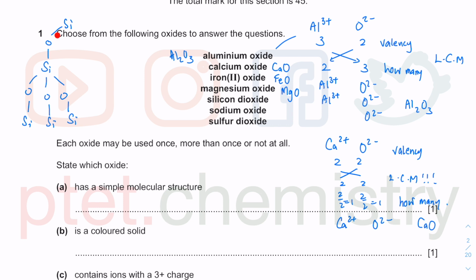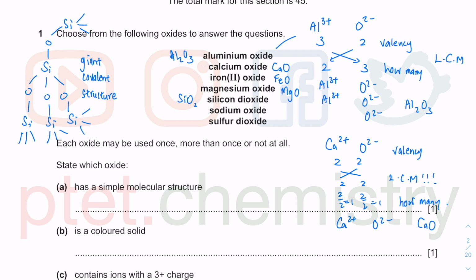Oxygen in group 6 forms 2 covalent bonds to complete the outer shells, and then the silicon continues outward. This is a giant covalent structure or giant molecular structure. It's a 3-dimensional lattice network. So you will have to break the many strong covalent bonds in order to melt or boil your SiO2.